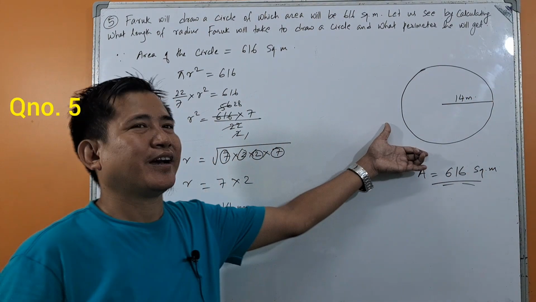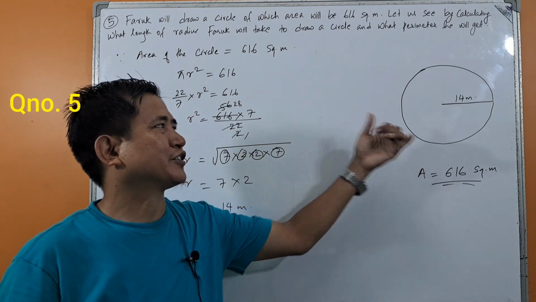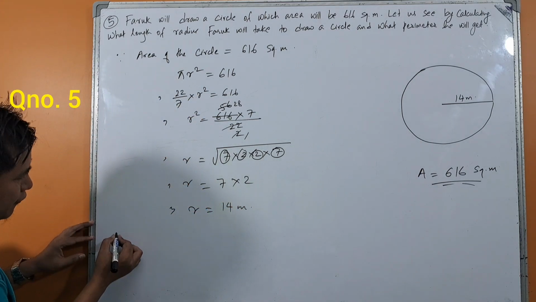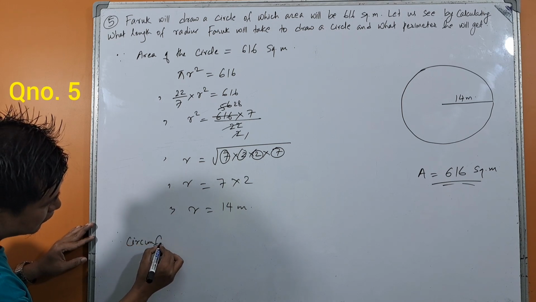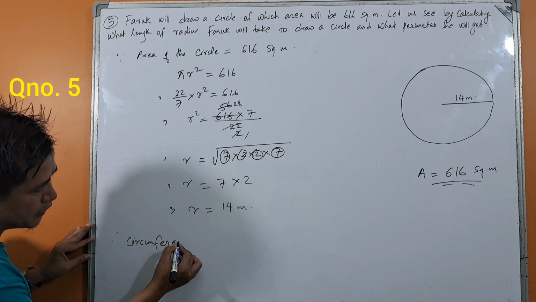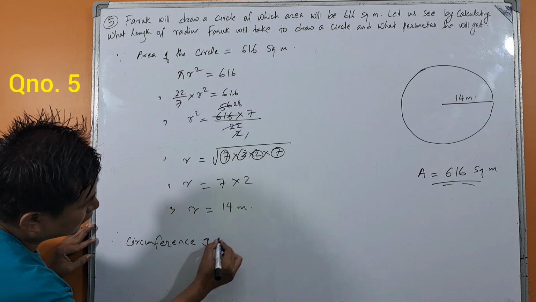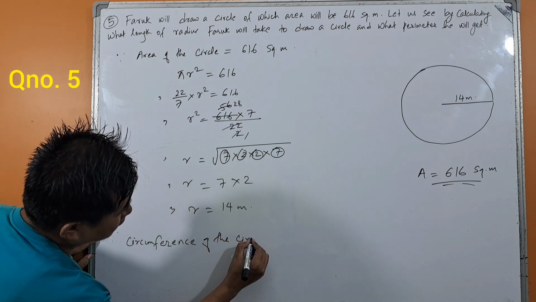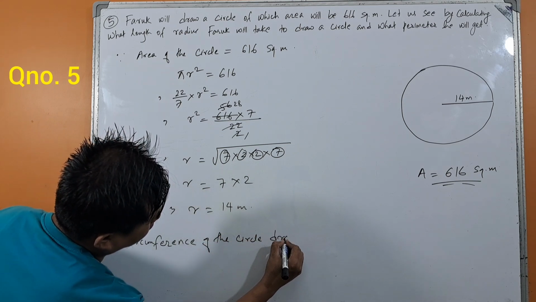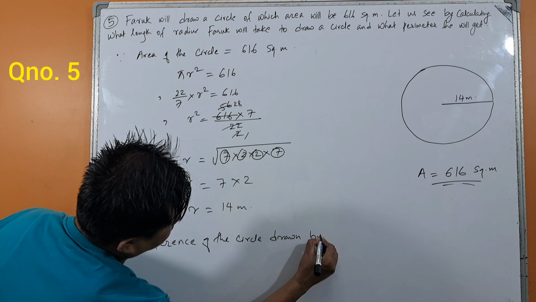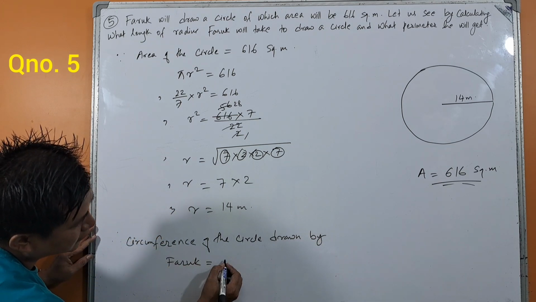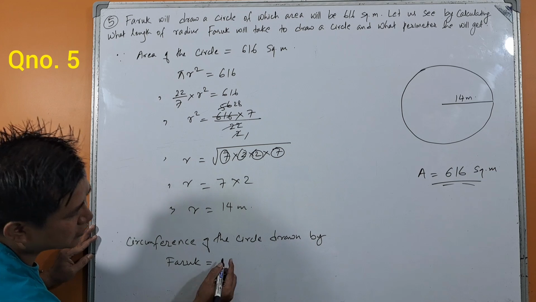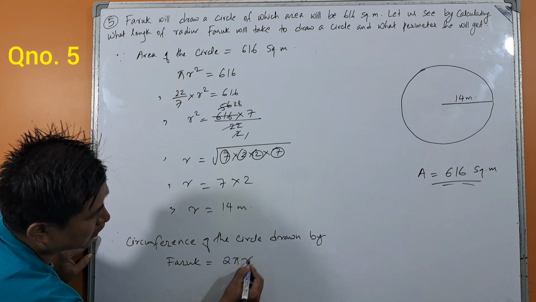Now we are asked to calculate the circumference of the circle. Therefore, circumference and perimeter are the same thing. The circumference of the circle drawn by Farooq is equal to, what is the formula for the circumference of a circle? 2 pi r, isn't it?